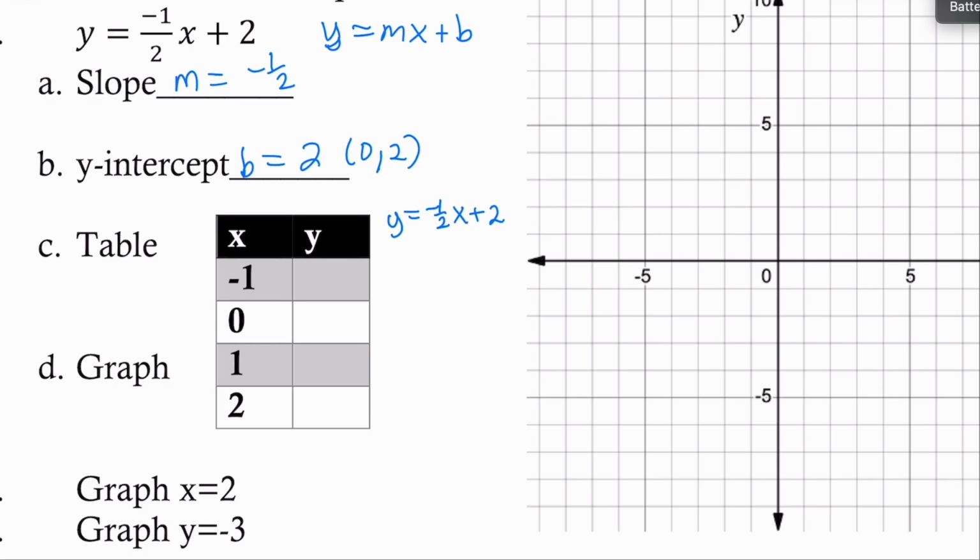And then I am going to stick in the x values that you see there. The first x value that goes in is -1. We're going to do a negative times a negative, which is a positive. 1 times anything is just that thing. So 1/2 plus 2 is 2.5.